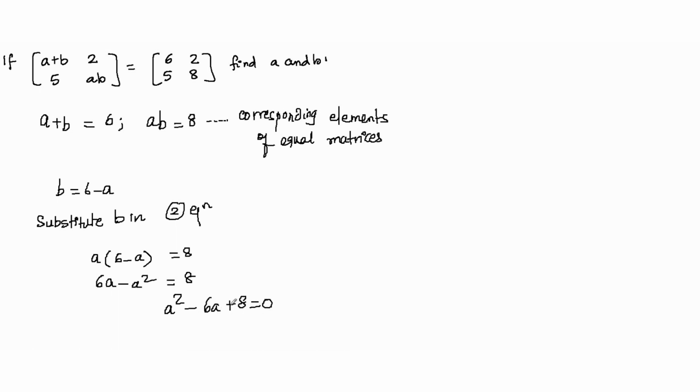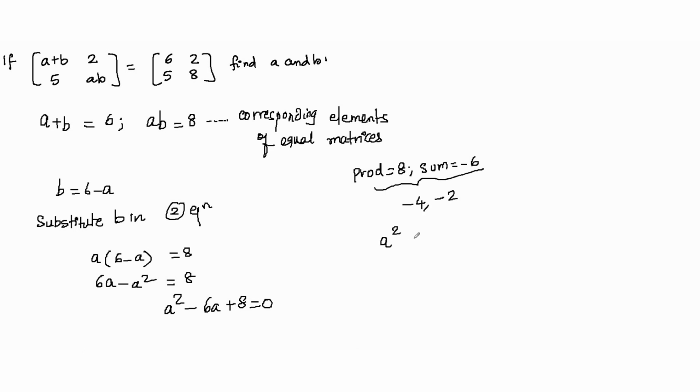So now this is a quadratic equation. We are aware of how to solve a quadratic equation. We can use the factorization method. So we need to split the middle term. The product I want is 8 and the sum I want is minus 6, which means the numbers are negative 4 and negative 2, right?